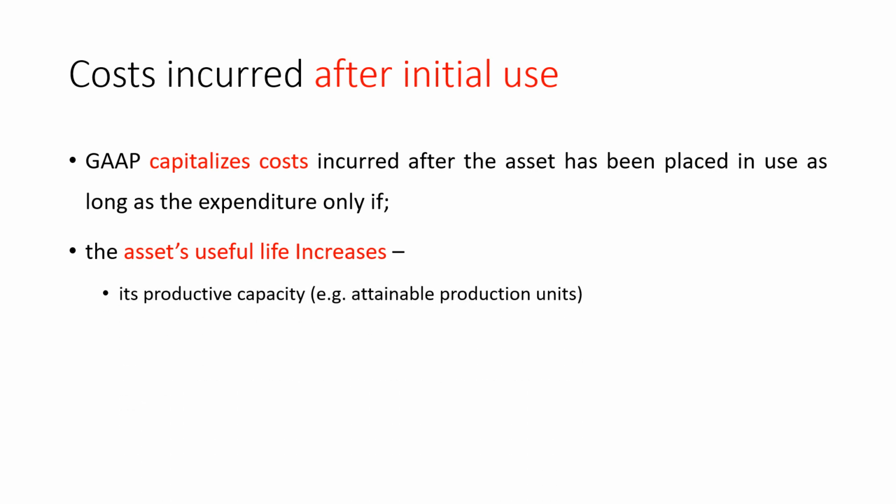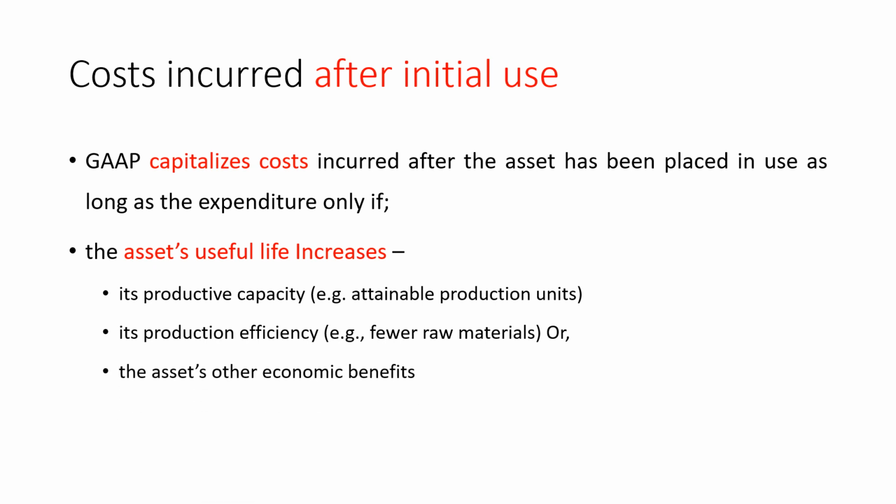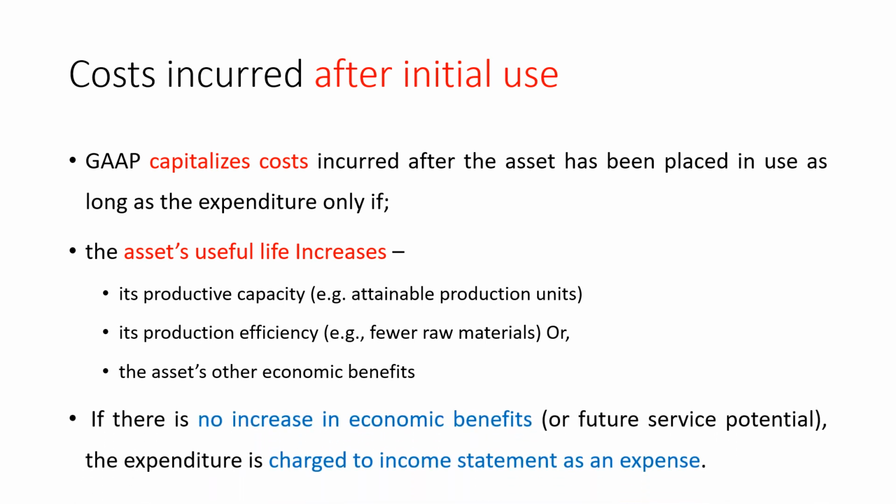It can be either by increasing its productive capacity, such as attainable production units increasing, or by increasing its production efficiency, which means we are going to use fewer raw materials, or the asset's other economic benefits. If there is no increase in economic benefits, then the expenditure should be charged to the income statement as an expense.